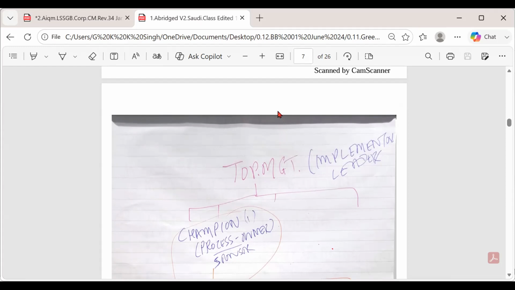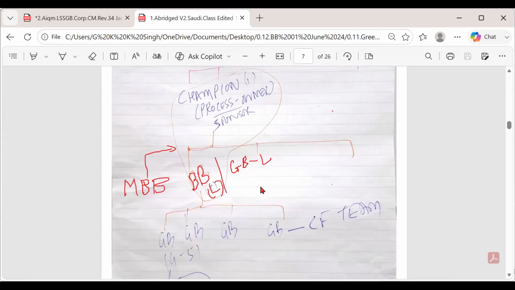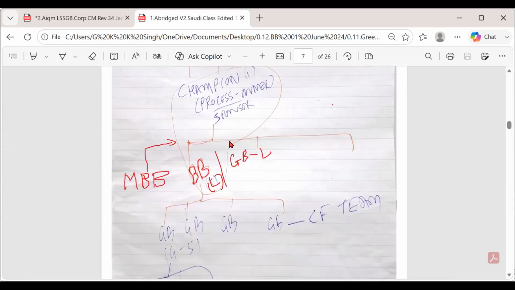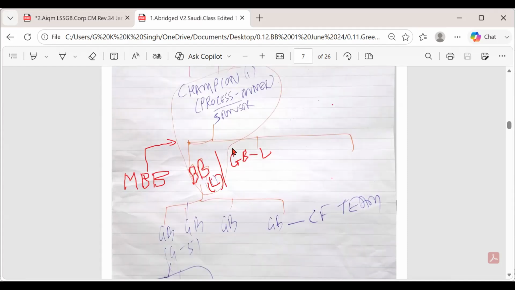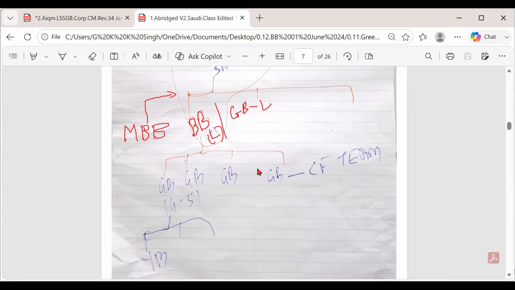As I told you, the projects are all the responsibility overall is with the champion reporting to the top management, that is the implementation leader. And if it's a green belt project, the project is led by a green belt leader. If it's a bigger project, then it's a black belt leader. And under the leader, there's a cross-functional team of the green belts and some yellow belts.